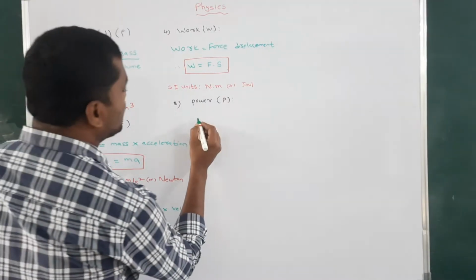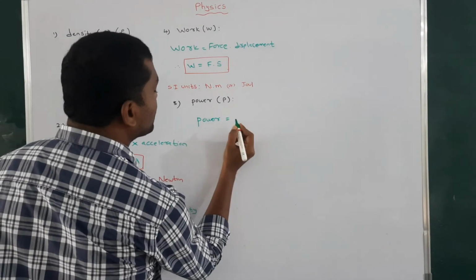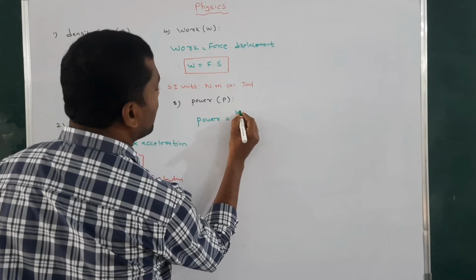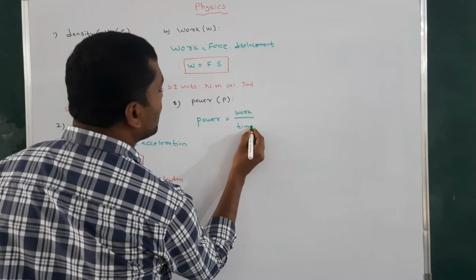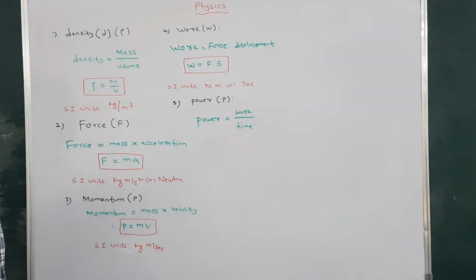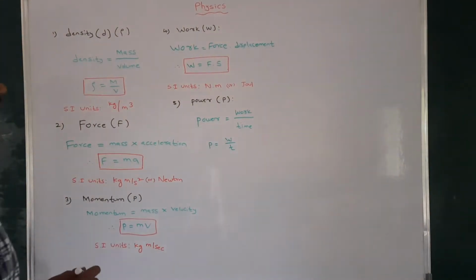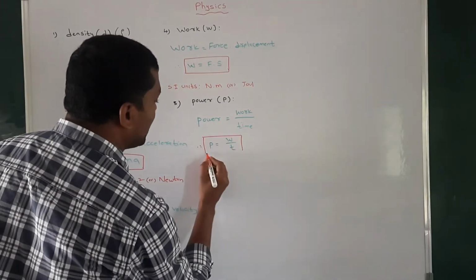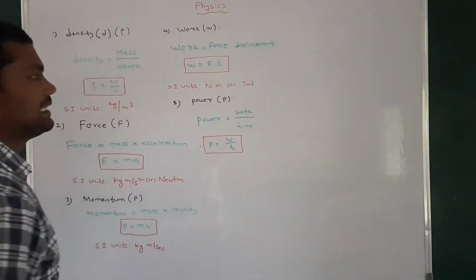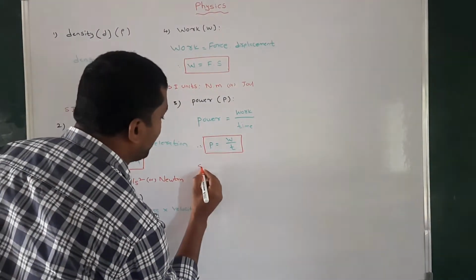Power is equal to work by time. So P is equal to W by T, where W is the work and T is the time.